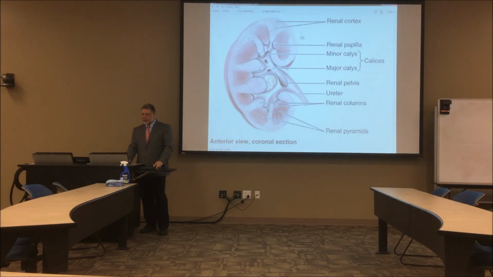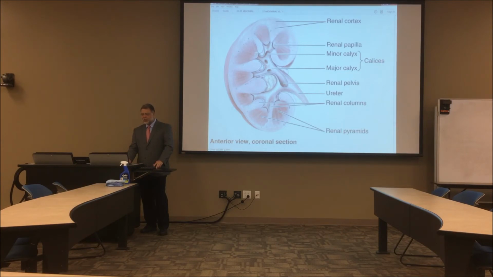Another way of looking at this is how the renal papillary region comes from those renal pyramids, and all of those pyramids have a cortical area and a medullary area where the loop of Henle is.